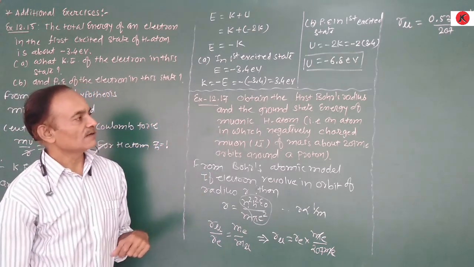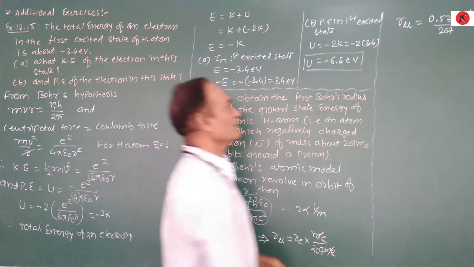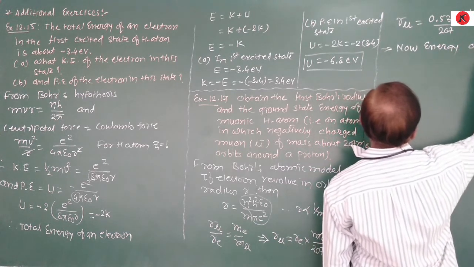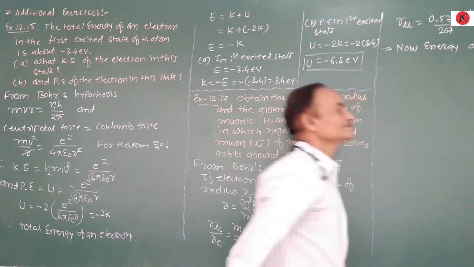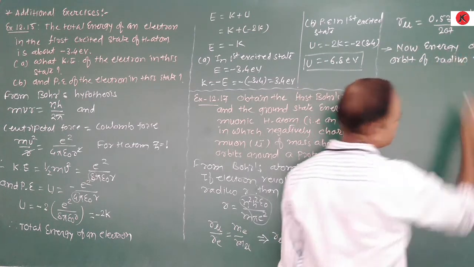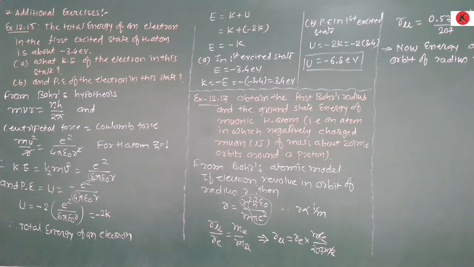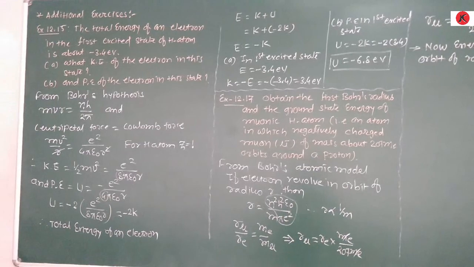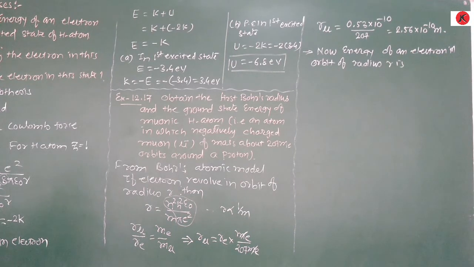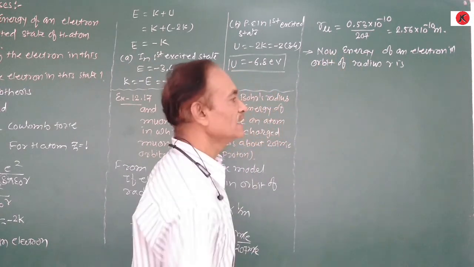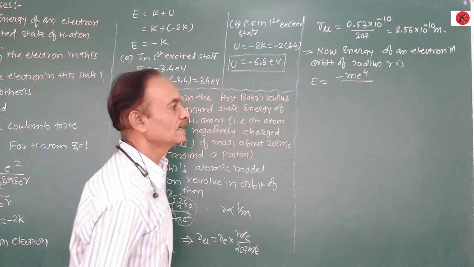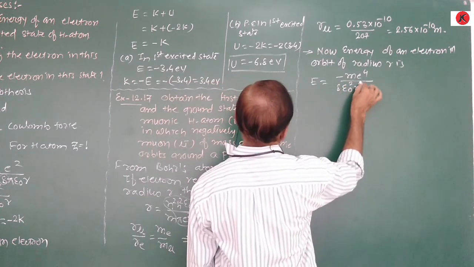Now we are interested in finding the ground state energy of the muonic atom. For that purpose, the energy of an electron in an orbit of radius r is E equal to minus m e to the power 4, for the hydrogen atom we are discussing, upon 8 epsilon 0 square n square h square.